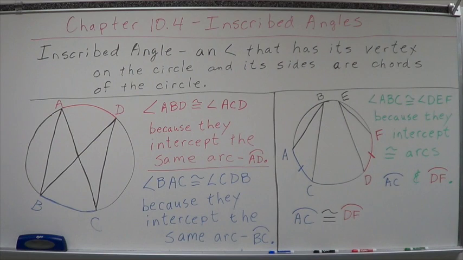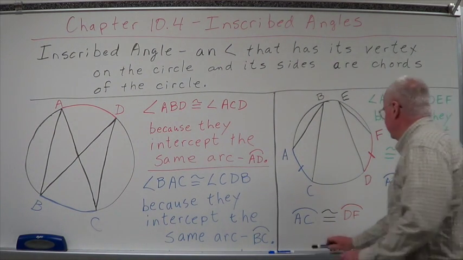We can also say that the converse is true. If we know that the two angles are congruent, then we know that the arcs that they intercept have to be congruent. Same thing, back and forth. The converse is also true.